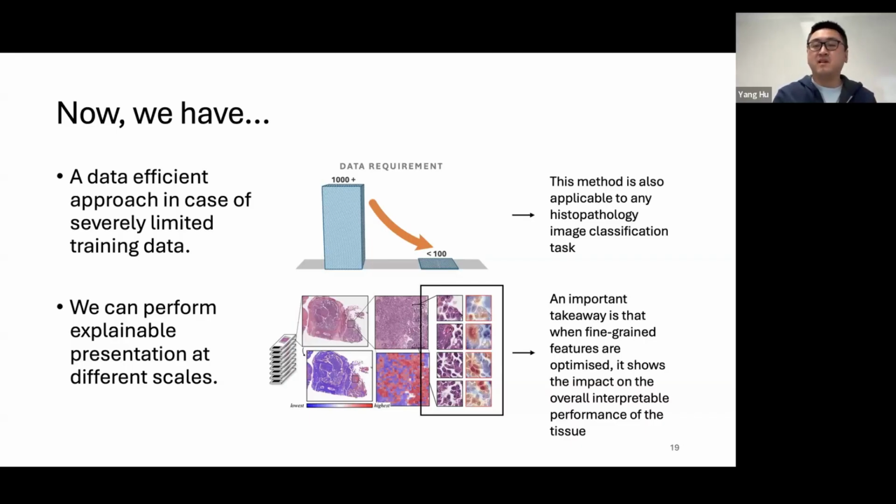But I think a very important takeaway is that when the fine-grained features are optimized further, it shows a very strong impact on the overall interpretable performance for the whole slide, for the whole area of tissue.